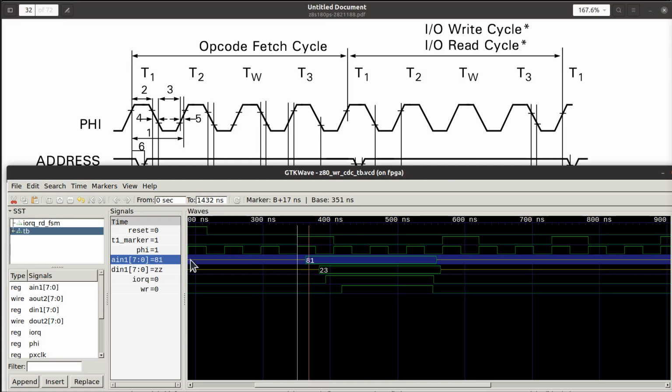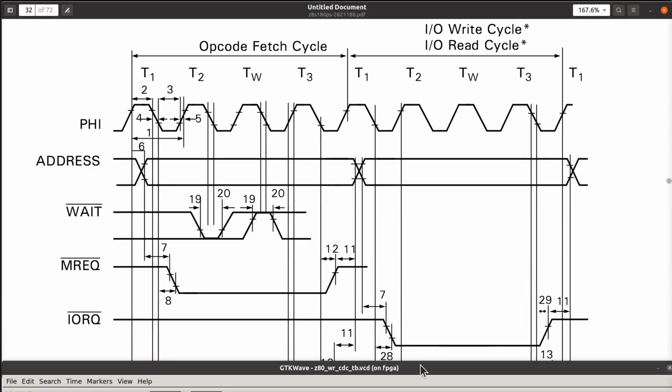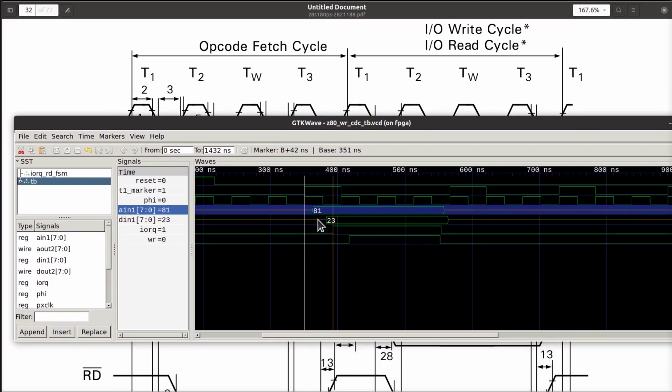The address bus here should go active sometime after the rise of T1 and sometime before you see the I/O rec go active here. Now I drew this positive logic while this diagram up here has negative logic, so don't let that throw you. Nominally the address bus should become stable about there, and I/O rec, because it happens after the falling edge of T1, like I said, and before the falling edge of T2 at 20 megahertz, should be somewhere in the middle, so I stuck it in the middle.